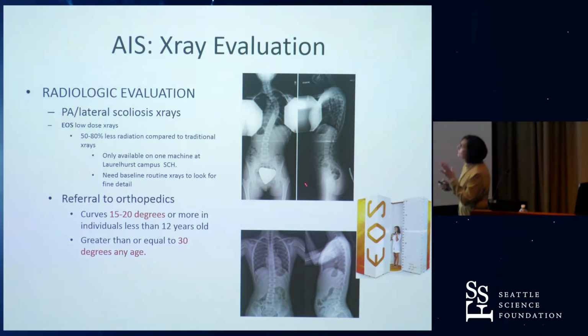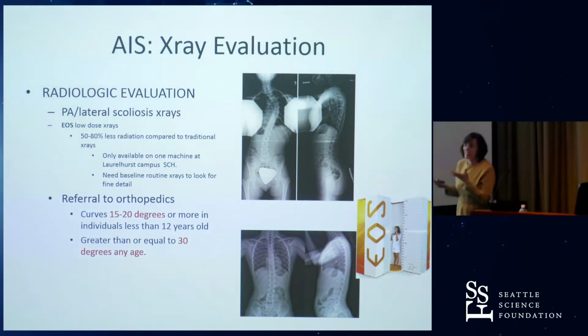I will comment that there is another X-ray methodology called EOS, which I think is a long German name. I apologize, I don't know all of it. But it is a low-dose radiation program. We do not have one here, though they have the luxury of having one over at the children's hospital.